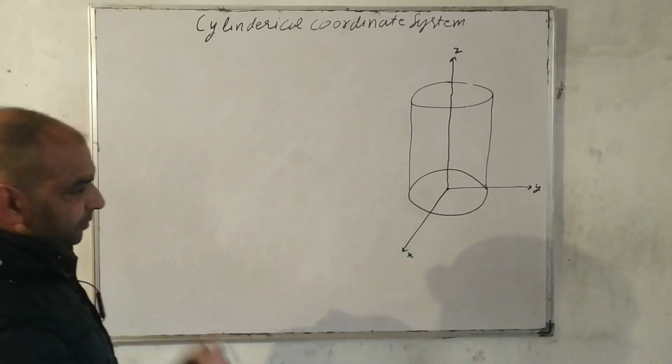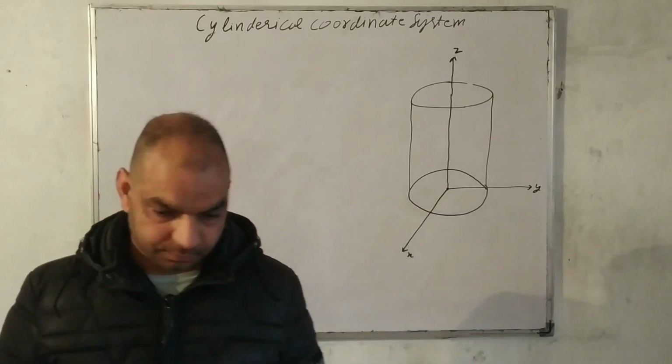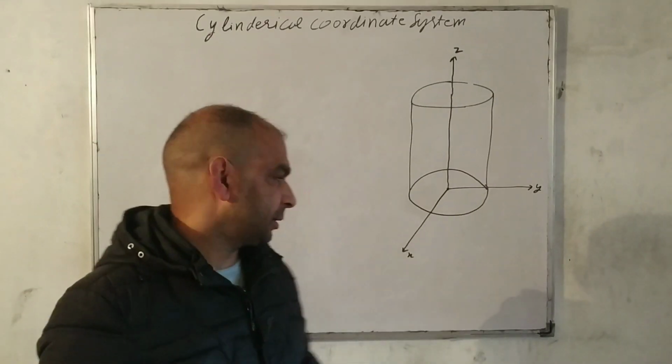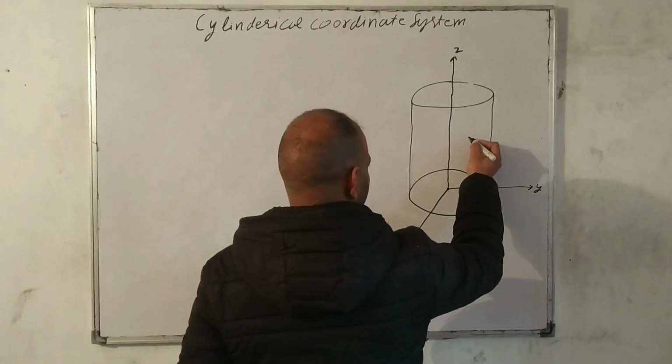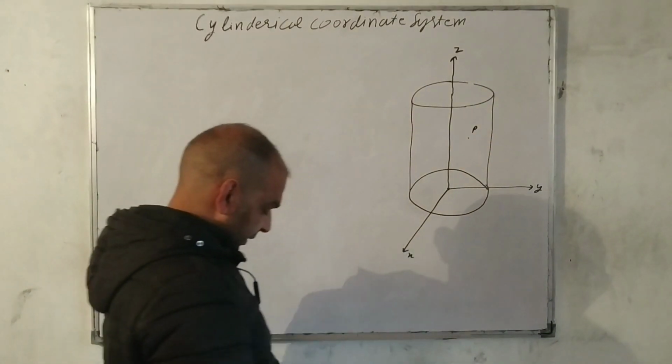Suppose we have any point at any random place in this cylinder. Let the point be P.